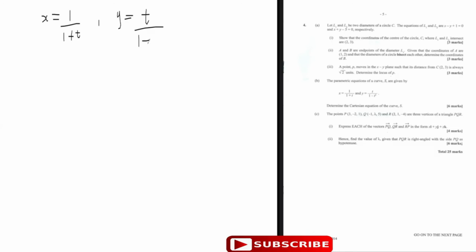And then what they're asking us to do is determine the Cartesian equation of S. If we're to determine the Cartesian equation of S, we need to make it in terms of y in terms of x, or x in terms of y. So looking at it, this one looks easy to make t the subject.